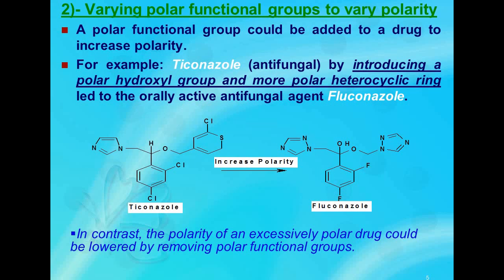Now the second strategy is varying the polar functional groups to vary the polarity. A polar functional group could be added to a drug to increase the polarity. For example, Tioconazole is an antifungal drug used only for skin infections because it is non-polar and poorly absorbed in the blood.